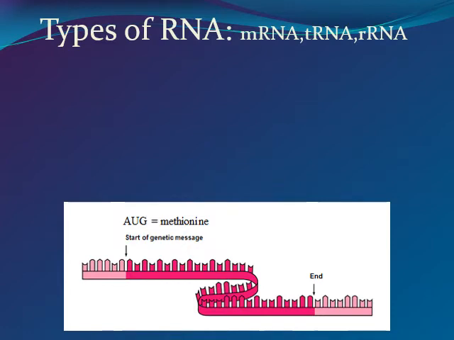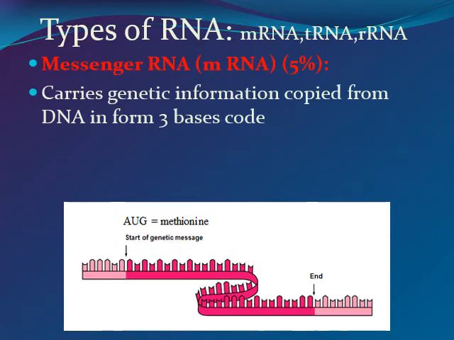At first, messenger RNA is about 5% present in the cell. It is a linear sequence of nucleotides formed in the nucleus. It carries the genetic information copied from the DNA in the form of 3 bases, each of which specifies a particular amino acid.